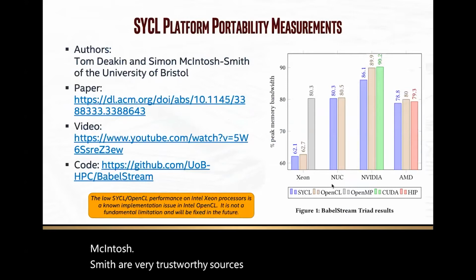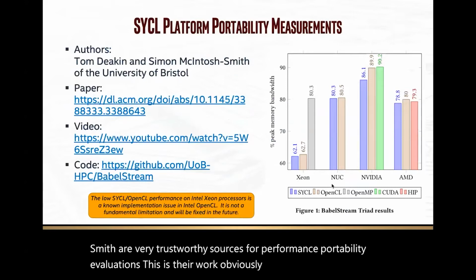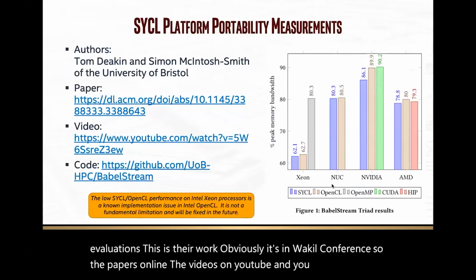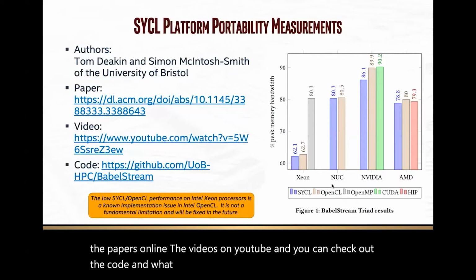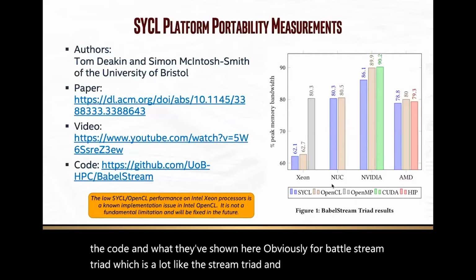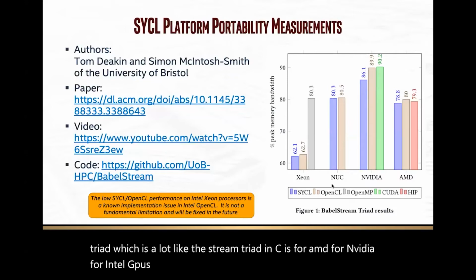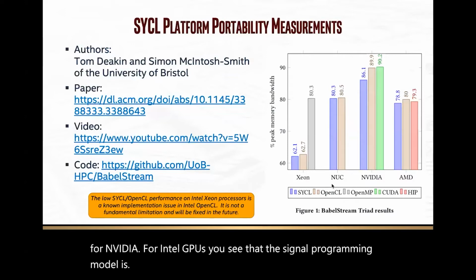This is their work. Obviously, it's in the IWOCL conference, so the paper's online, the video's on YouTube, and you can check out the code. And what they've shown here, for BabelStream Triad, which is a lot like the Stream Triad in C++, is for AMD, for NVIDIA, for Intel GPUs, you see that the SYCL programming model is roughly equivalent to the vendor's preferred model.